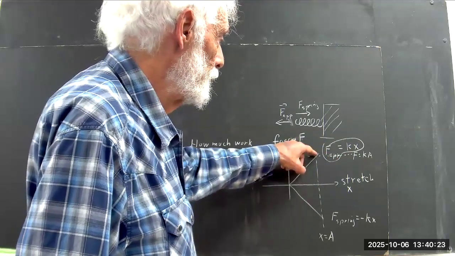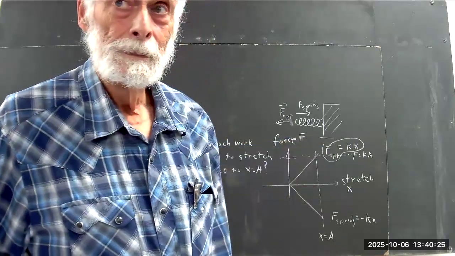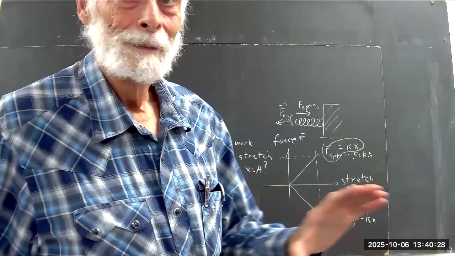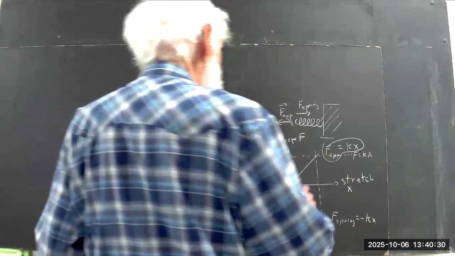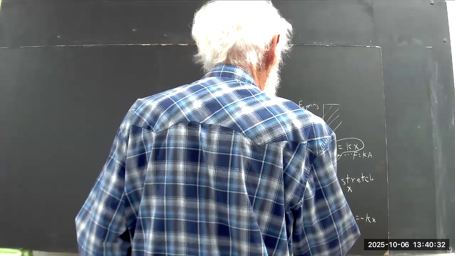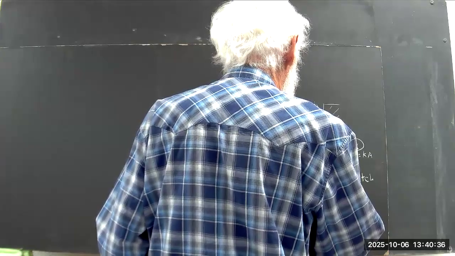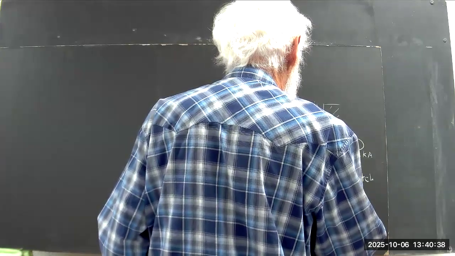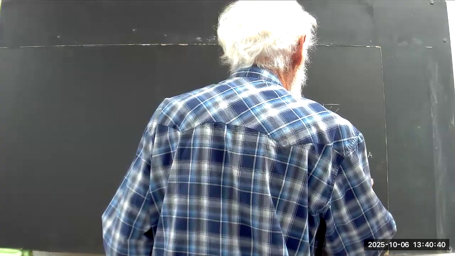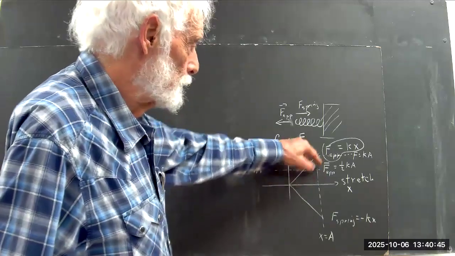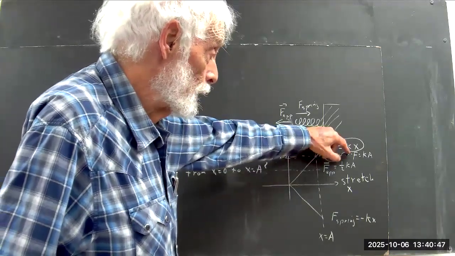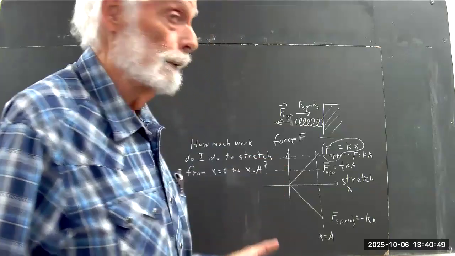Here x equals A, here F equals kA. That should be totally obvious. Ponder that until it is, if it isn't, because that's just fundamentally what the graph is telling us. The average of F out, which is F out bar, is then half that because this is a straight line.